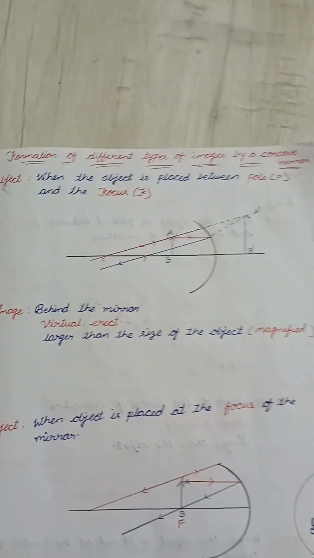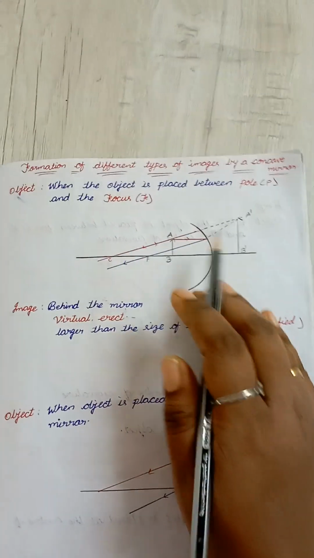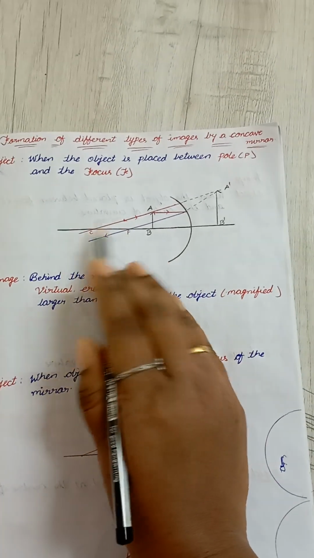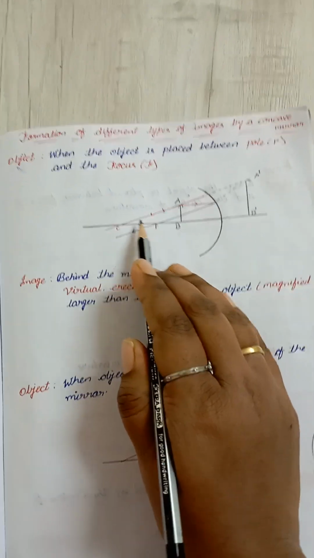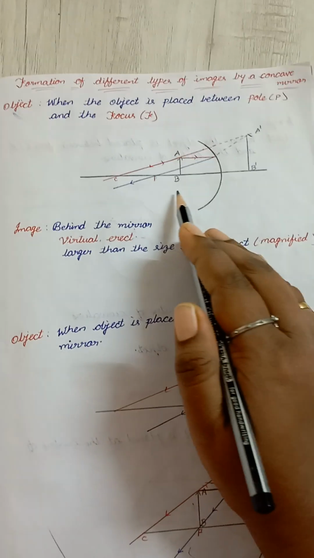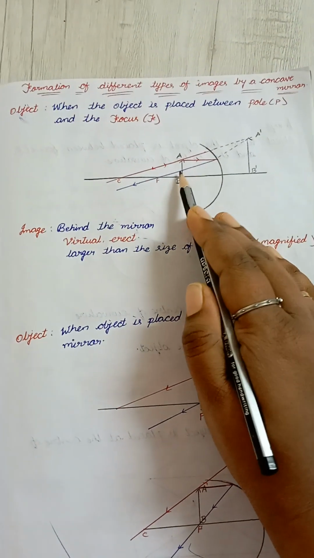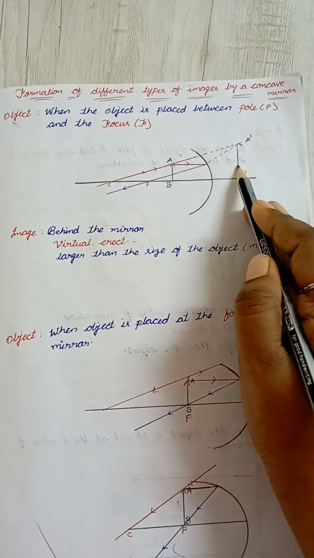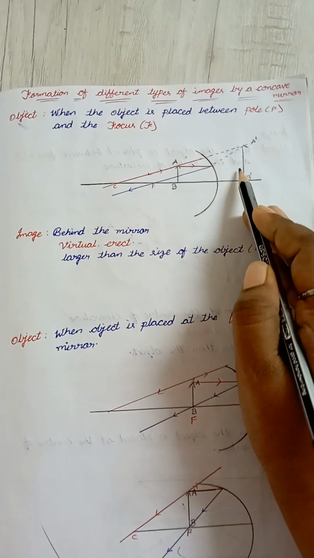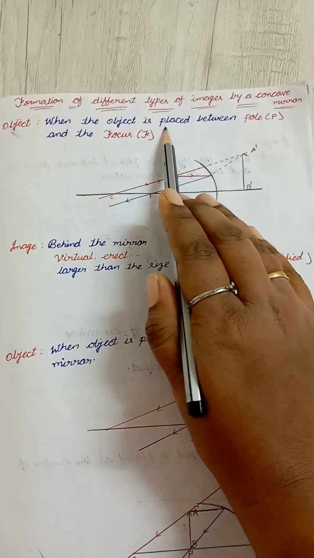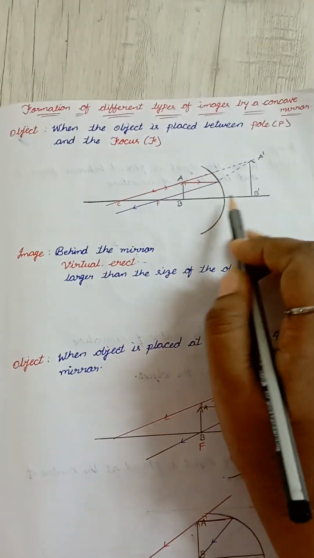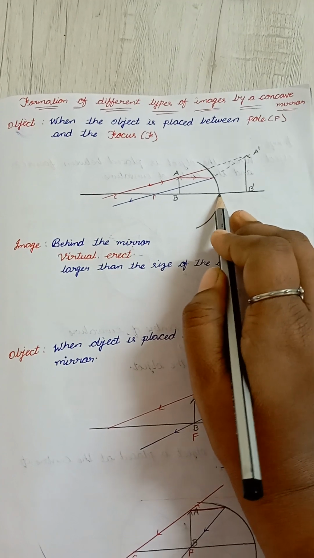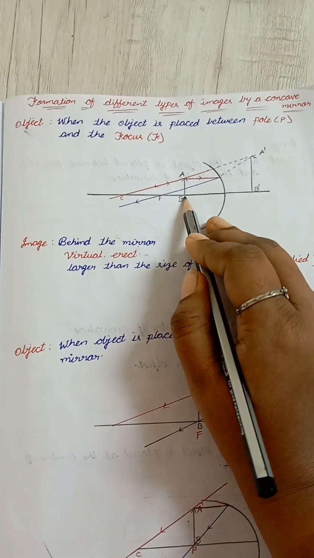One more, the most important. Before, we have seen all the objects placed in front of the mirror and images also formed in front of the mirror. But in this case, the object is in front of the mirror, but the image will come behind the mirror. When the object is placed between pole and the focus, the object is here.